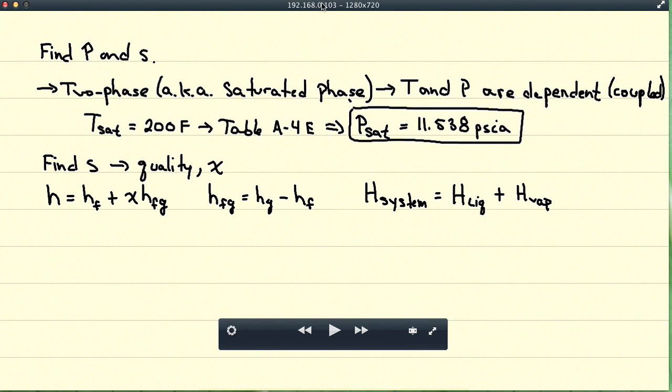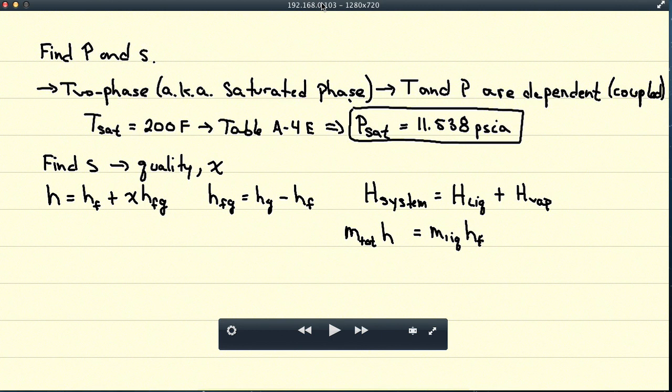Take note that these are extensive properties. So I can write this as the total mass of my system times the enthalpy of my system, H, is equal to the mass of the liquid times the enthalpy of the liquid, which we know is Hf.